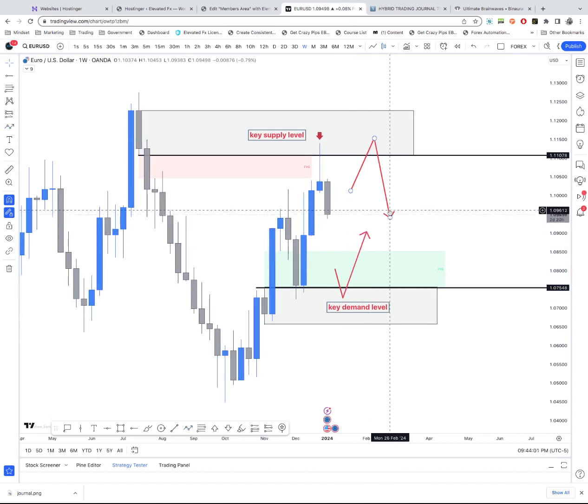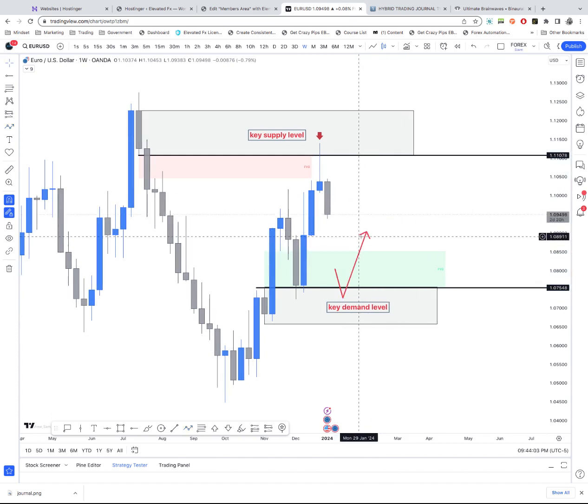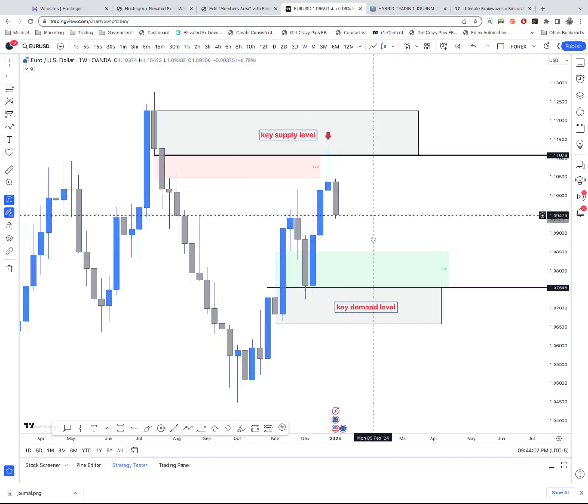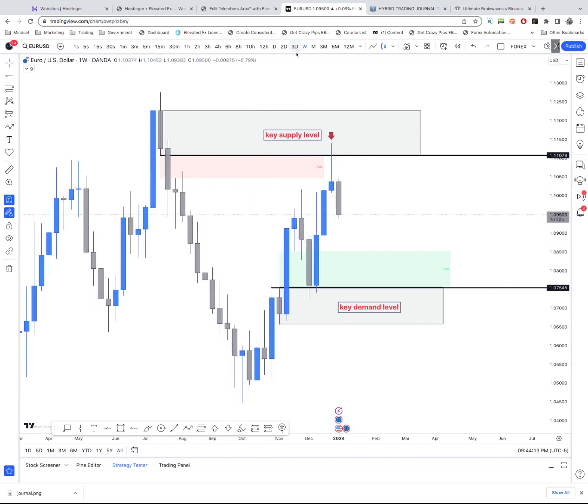All right. So that's why we trade from key level to key level, because look at all this space in between Euro USD, right?